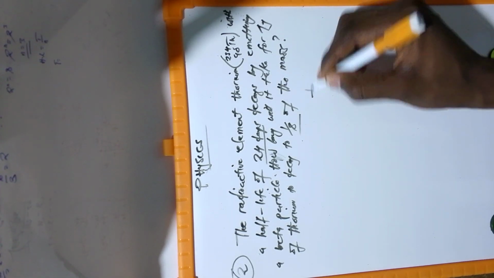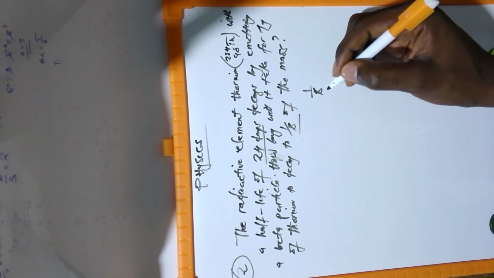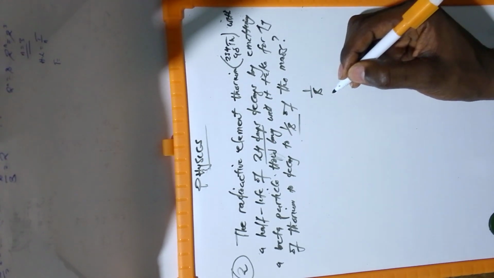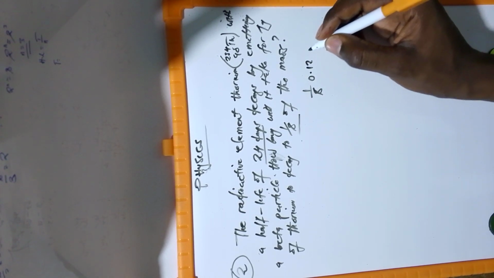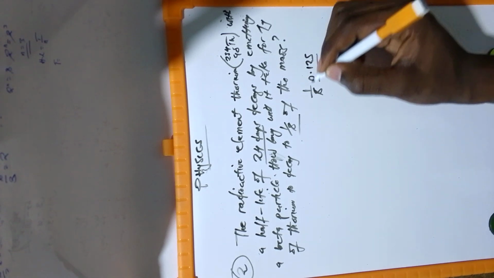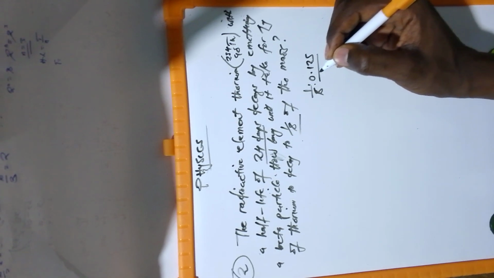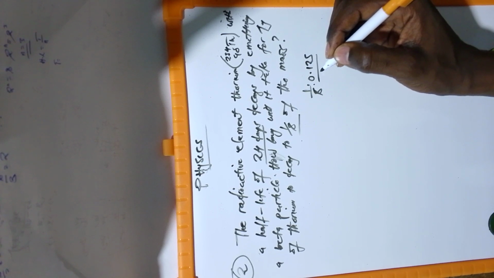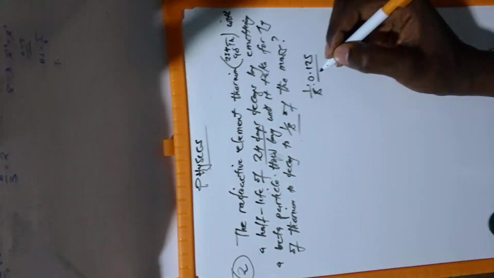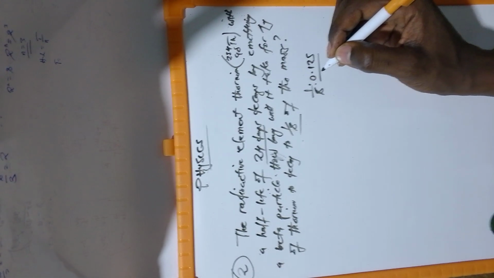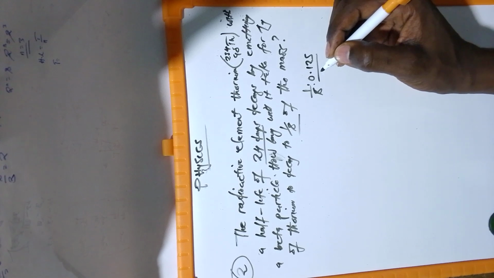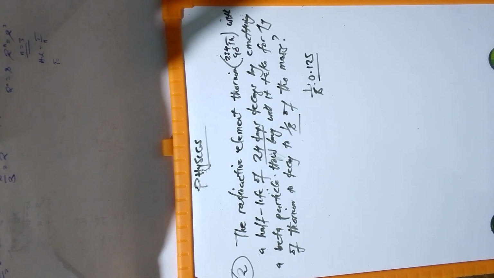So since you have 1 over 8, when you change it into decimal numbers, it will give you 0.125. So we know that 1 over 8 is equivalent to 0.125. After that now, we will say, what have we been given in the question?